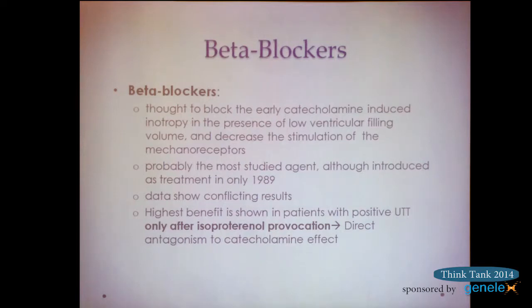The highest benefit, and this certainly is reflected in my practice, the highest benefit is shown in patients with a positive upright tilt table test after isoproterenol provocation. And this reflects a direct antagonism to the catecholamine effect of the isoproterenol.